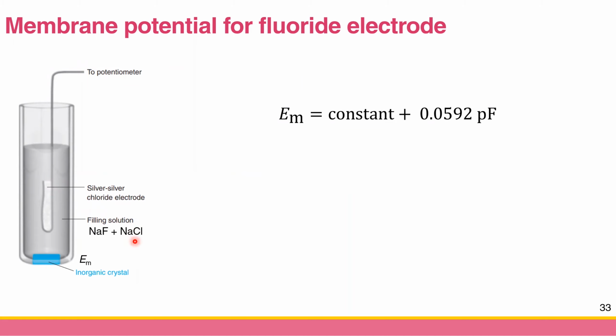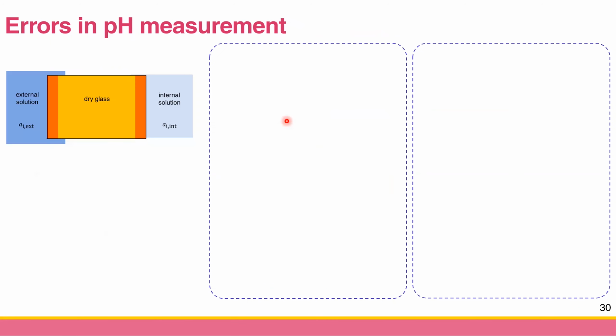You don't really need to know the structure, but at least you should know in general this type of electrode needs the internal and external solution. But what you should know is the membrane potential of the electrode. I'm going to go back a little bit.